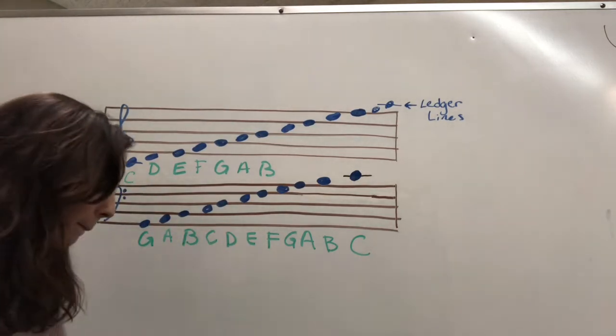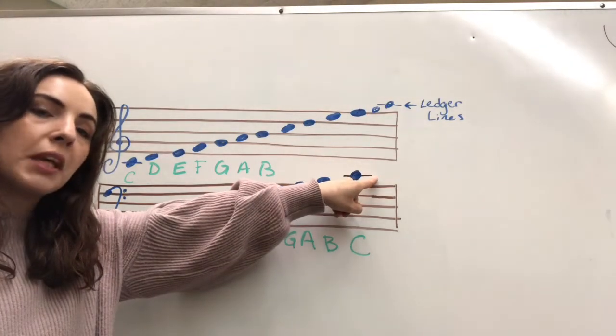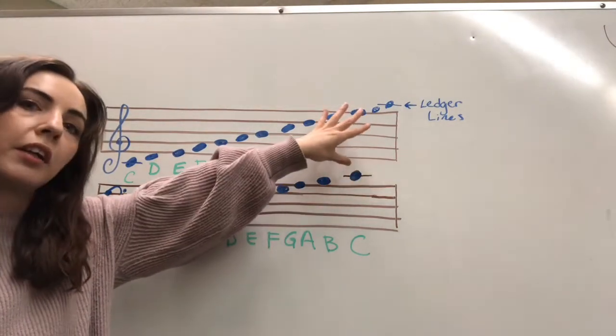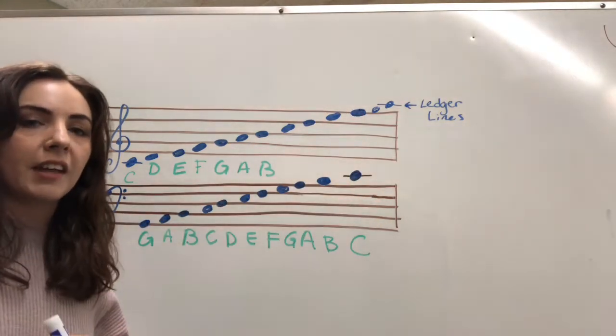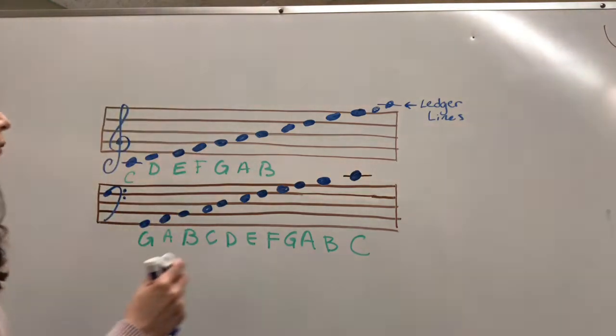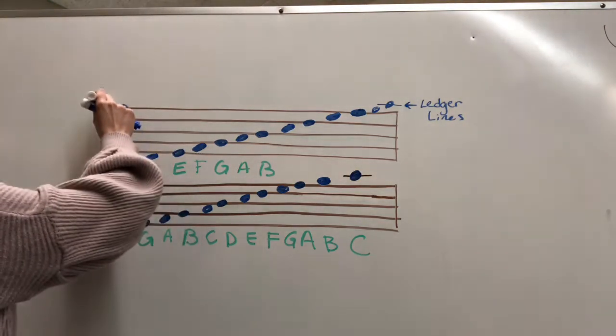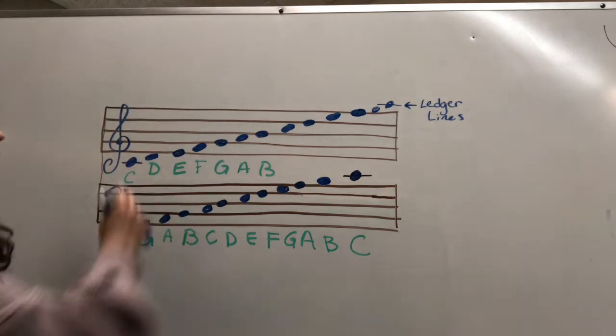So we call this middle C because this is the middle note right in between the treble clef and the bass clef. Now we can connect these two staffs together, and I'm going to do that right now. I'm going to put a line right here to connect these two.